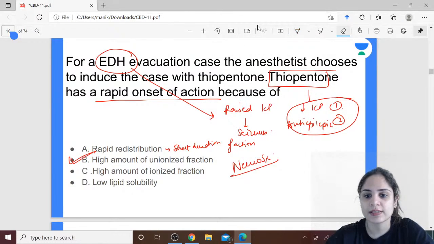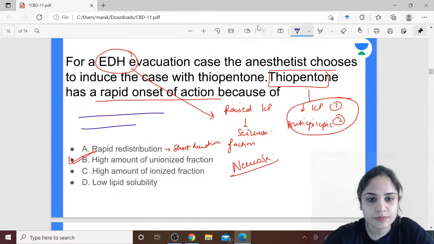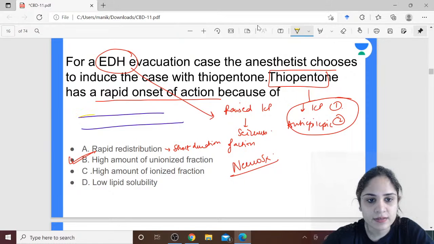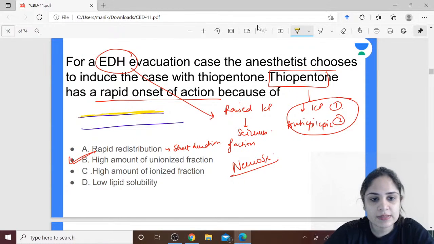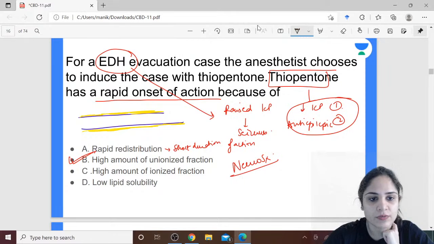So let me show you guys what it means. Suppose this is your nerve, and around the nerve you have this layer of lipid. Now to act, thiopentone has to cross this lipid membrane, enter inside and attach to the sodium channel, correct?